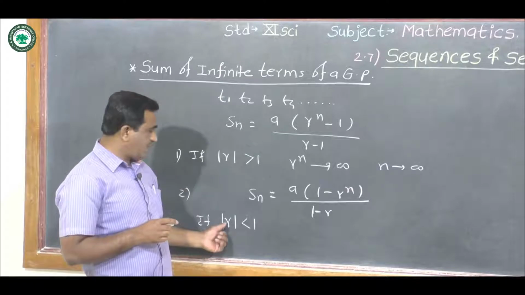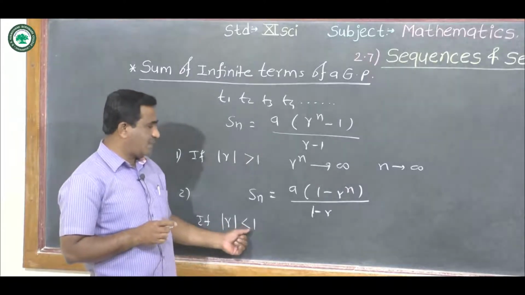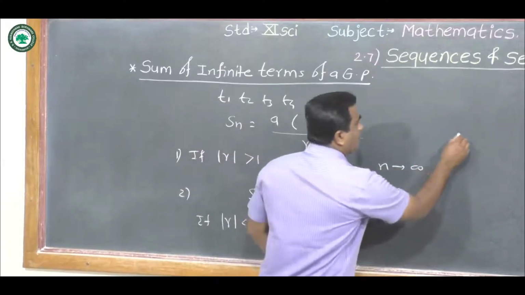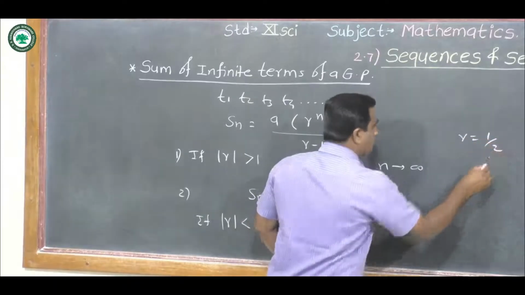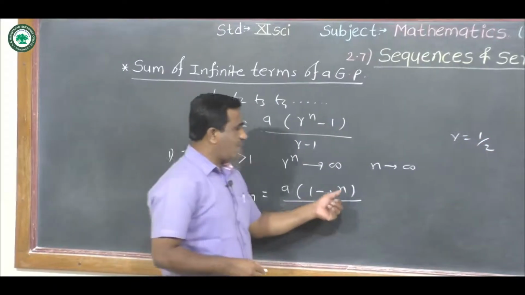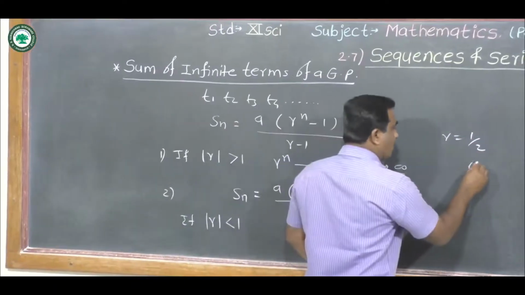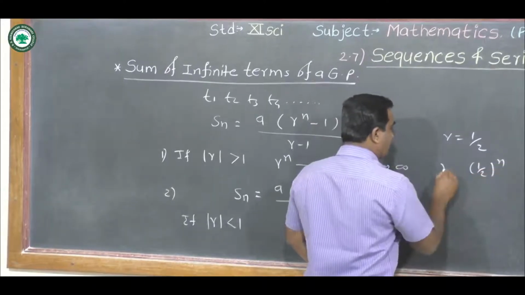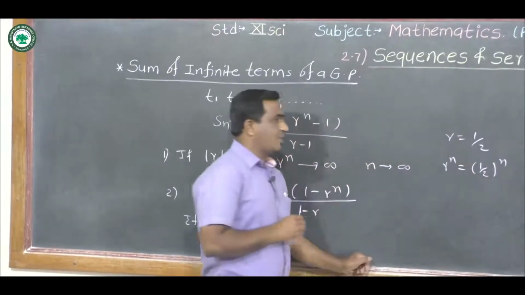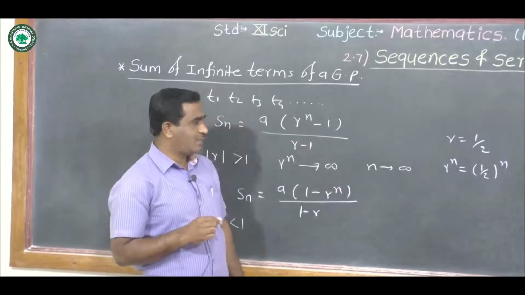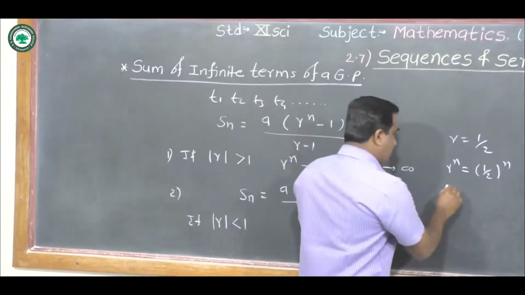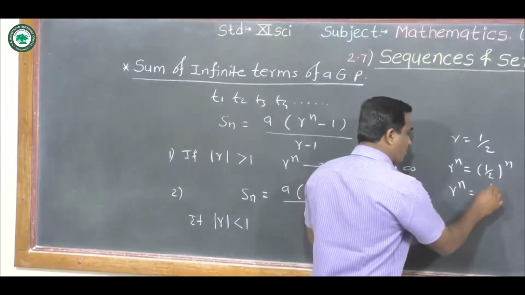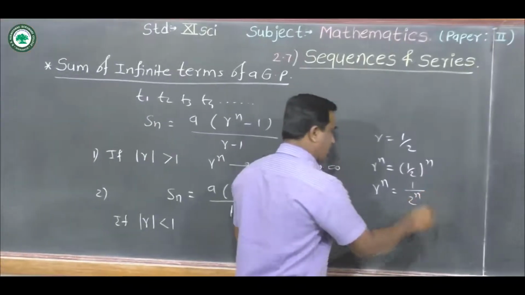If we take modulus of r less than 1, like this: if we take r equal to 1 by 2, then this term r raised to n means 1 by 2 raised to n. That is, we can write r raised to n equal to 1 upon 2 raised to n.